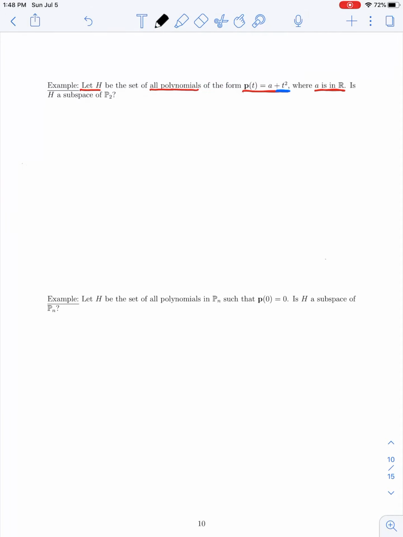Let's see whether we can show that it is or is not a subspace. So here, there's 3 conditions which we can check, the first of which is whether the 0 vector is an element of this set.